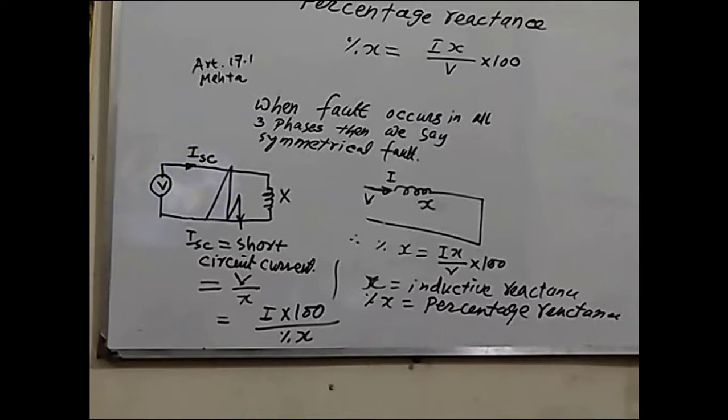Have you understood? IHC equal to I into 100 divided by percentage X. Short circuit current equal to that. You may ask me how we have written it.